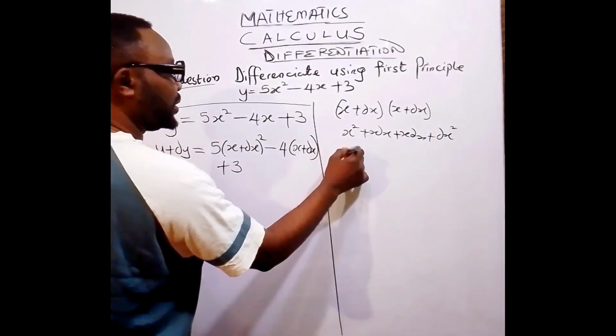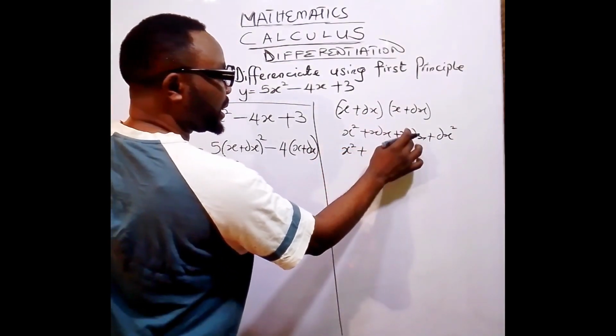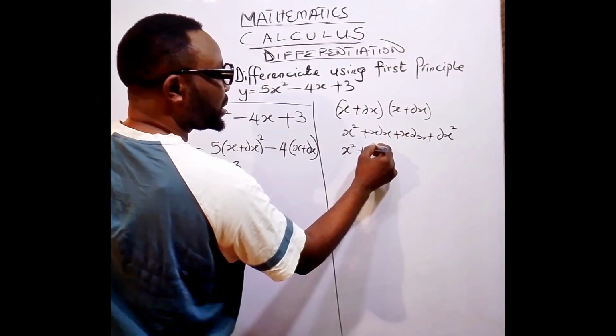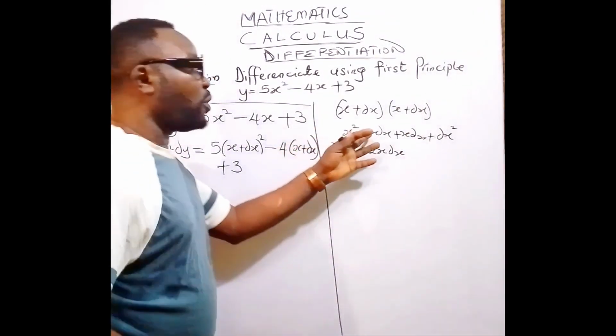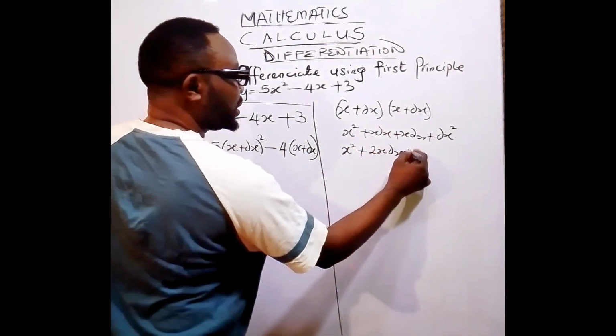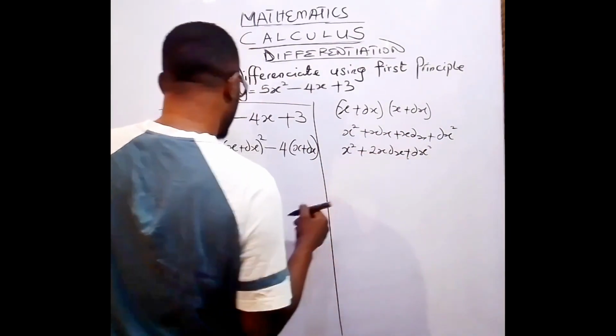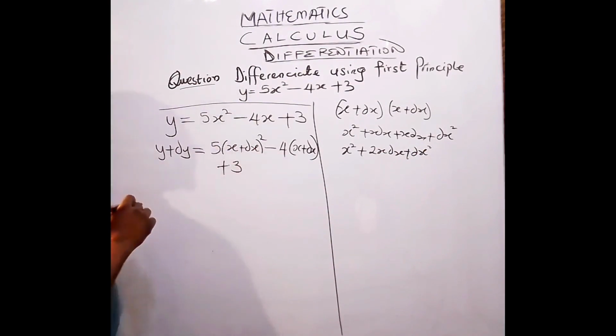So we have x squared plus x delta x plus x delta x, that's plus 2x delta x, because they are the same value, plus delta x squared. So we now insert that value into the position here.